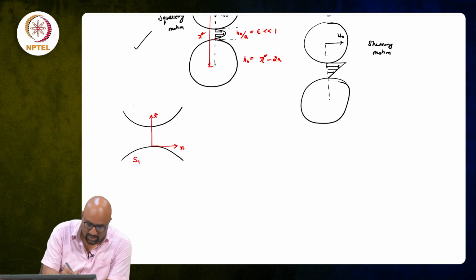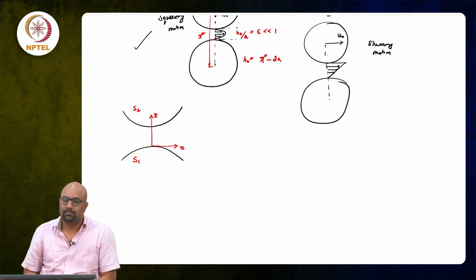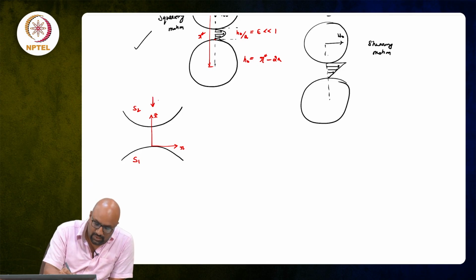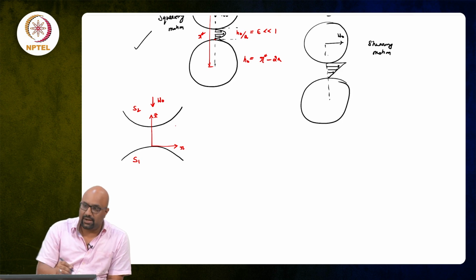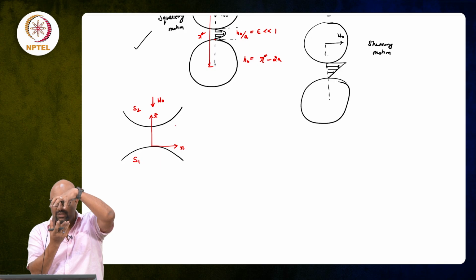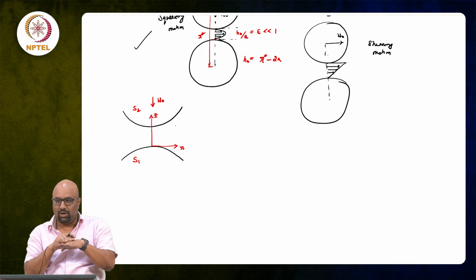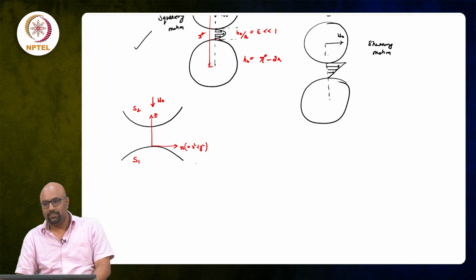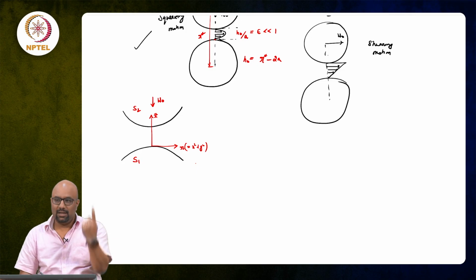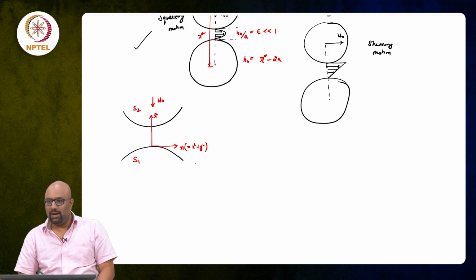So, this is sphere 1, this is sphere 2. Sphere 2 is moving with a velocity W naught. Imagine that on the bottom sphere you draw a tangent, and there is a radial coordinate r, where r squared is x squared plus y squared, and z is the vertical coordinate going away from that surface.